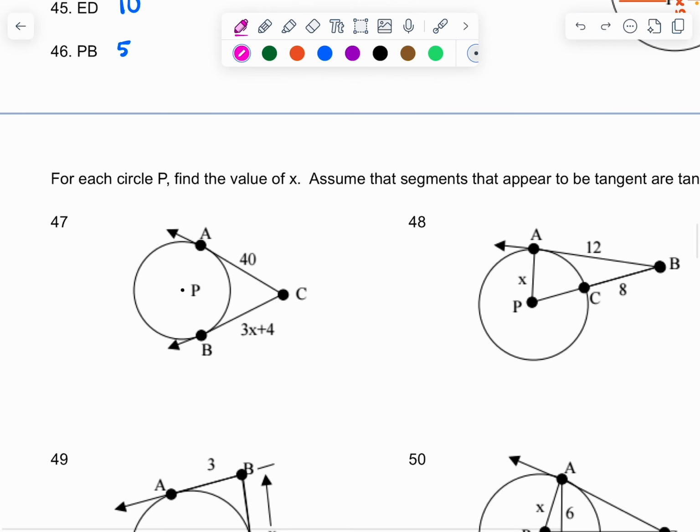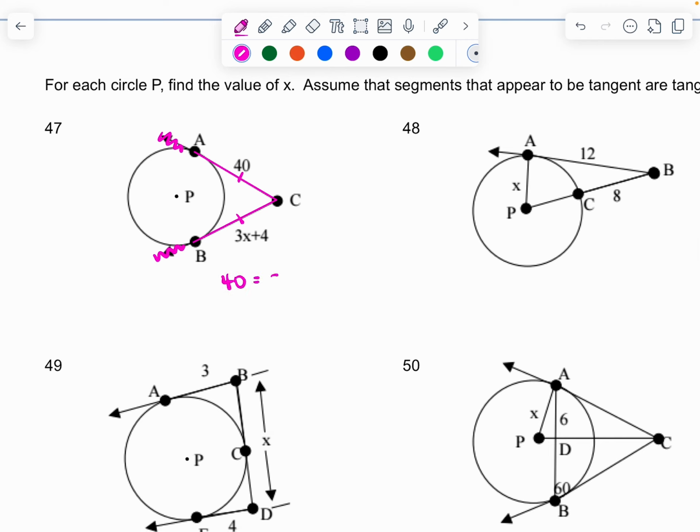So on number 49, all they're showing you is that you have 2 tangent segments, both coming from the same external point. Again, you can ignore that these are going to infinity. I don't care about those. I only care about the 40 and the 3x plus 4 being the segment lengths. And we learned the rule that if 2 tangents are extending from the same external point, then they must be congruent.